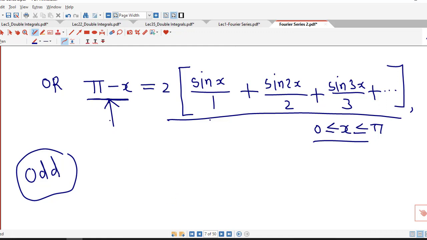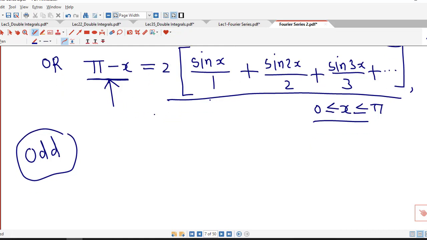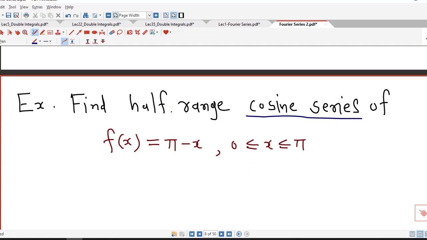Now if we extend the graph of pi minus x in such a way that it becomes an even periodic function, then we can represent pi minus x as a Fourier cosine series. So in this example number 2, we express pi minus x as a Fourier cosine series.